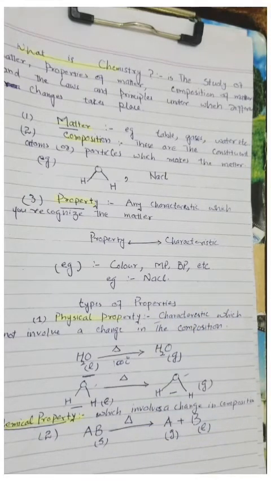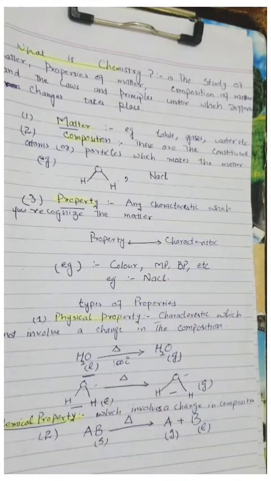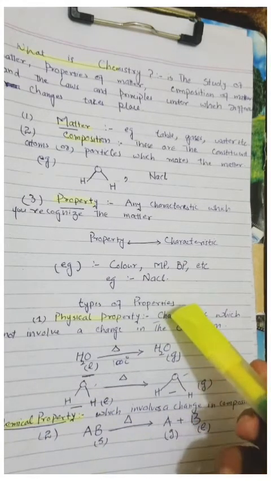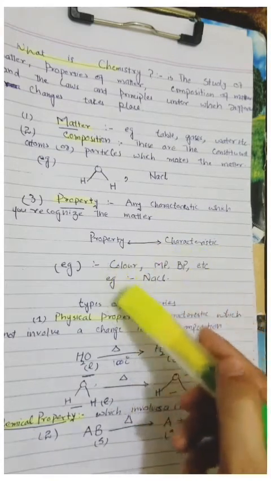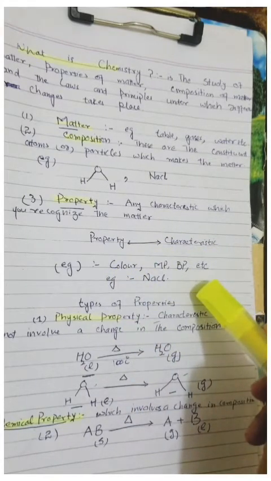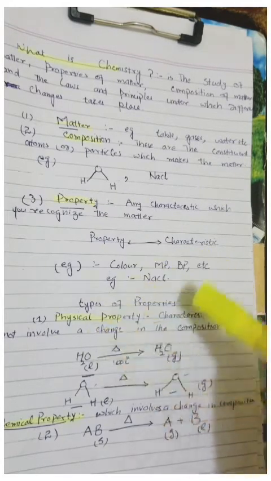Let's suppose that someone gives me information about sodium chloride, and that information contains the color, melting point and boiling point of sodium chloride. Suppose I don't know it is sodium chloride, but someone gives me this information and asks me what this substance is.